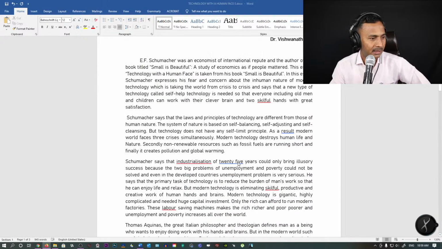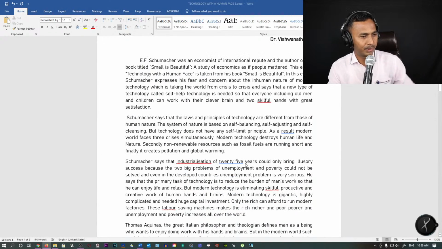Schumacher says that the laws or principles of technology are different from those of human nature. The system of nature is based on self-balancing, self-adjusting, and self-cleansing. But technology is not that way. Technology does not have any self-limiting principles.